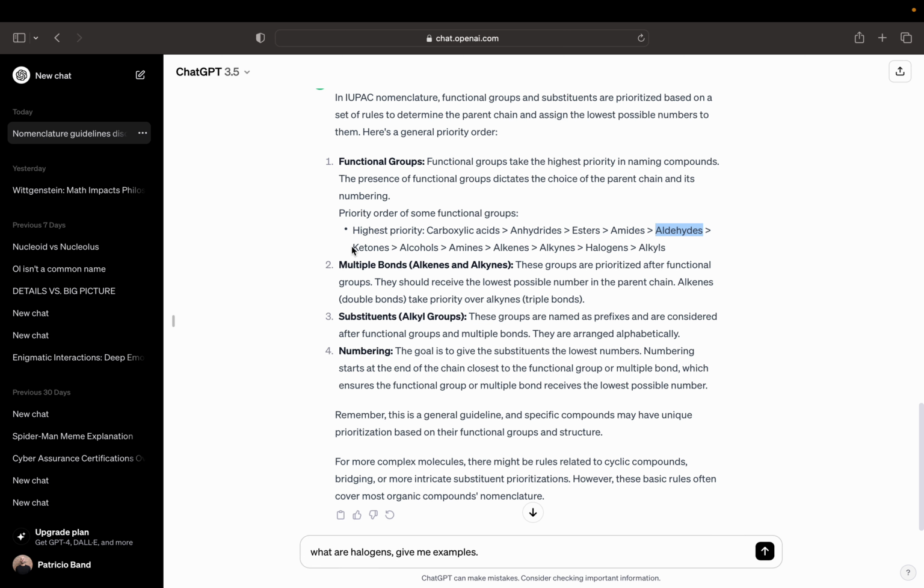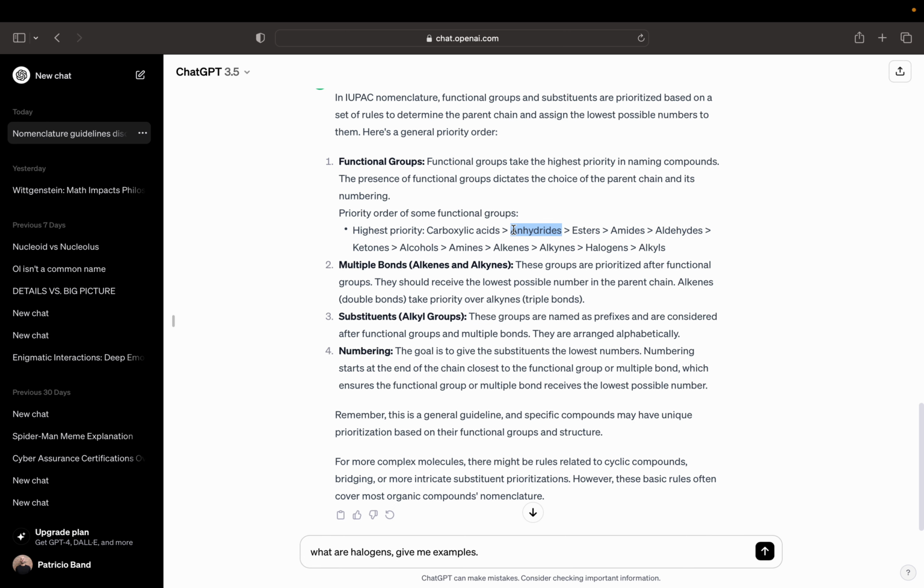Ketones are double bonds with the oxygen. Aldehydes are a double bond with the oxygen and then the carbon being attached to a hydrogen. And then amides are a double bond with the oxygen, but then the carbon being attached to a nitrogen. And then we have esters, which are, I believe, we'll ask about that.